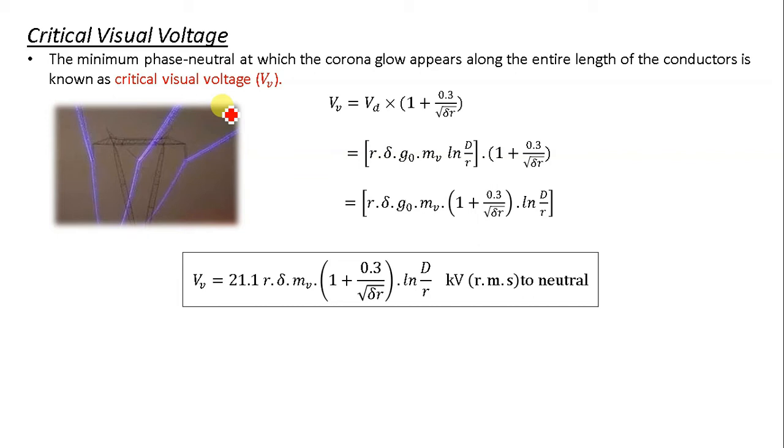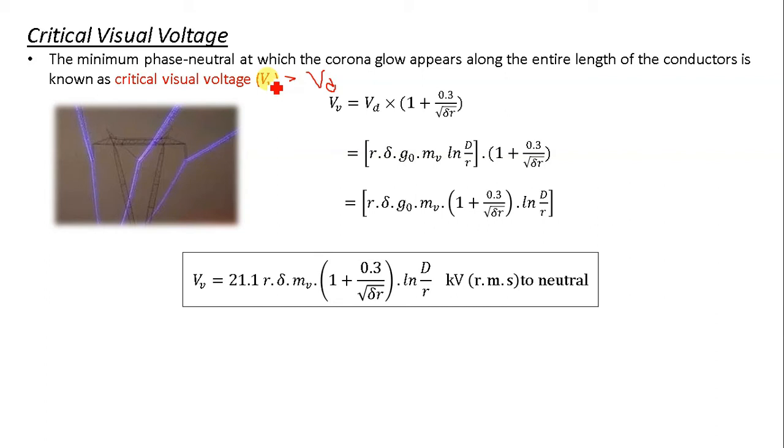Naturally the value of critical visual voltage is somewhat higher, so we can say VV is greater than obviously VD. In case of VD, you may or may not see the faint glow of corona, but in case of VV, you will probably see the corona effect.